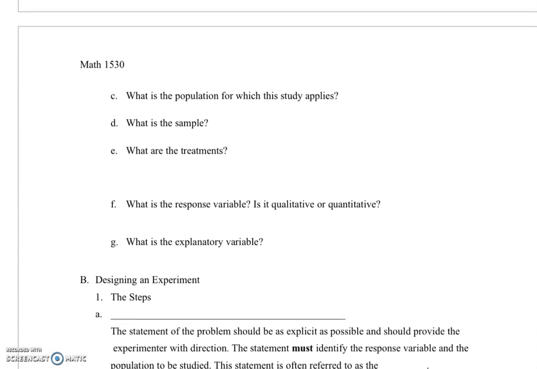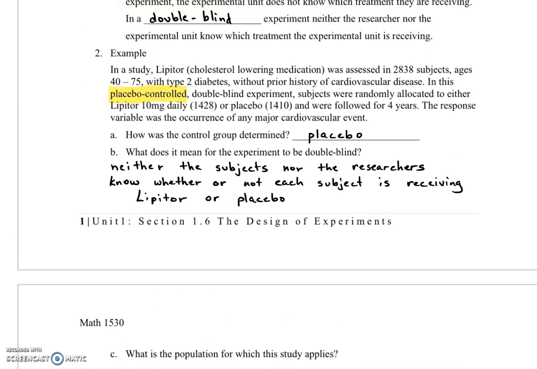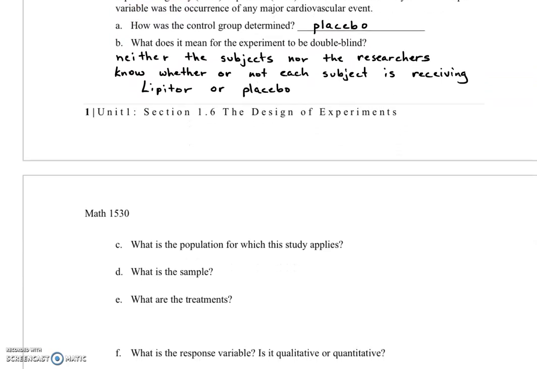Okay, what's the population for which this study applies? Well, let's go see what type of people were in the study. So it says people aged 40 to 75 with type 2 diabetes without a prior history of cardiovascular disease.